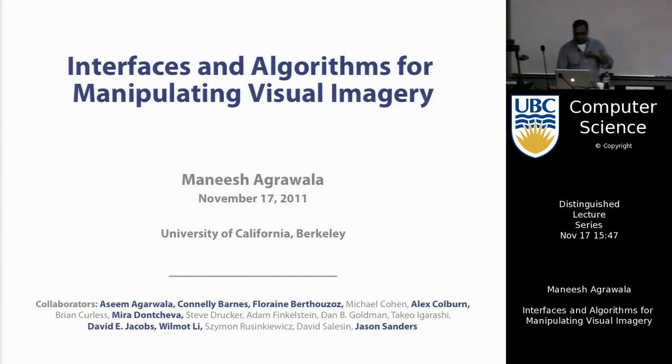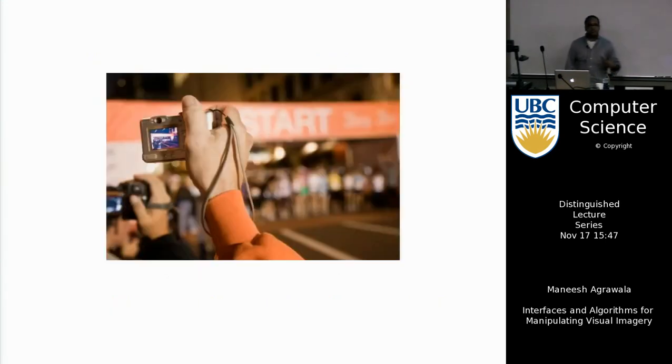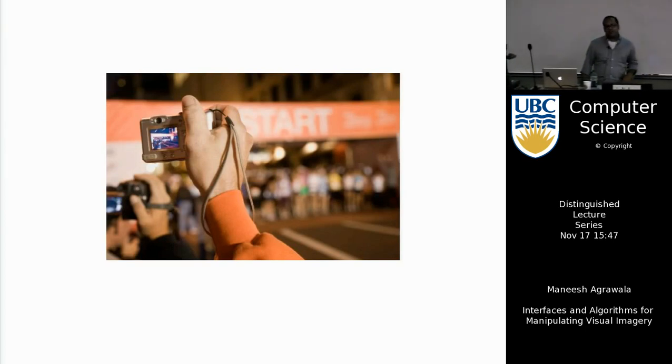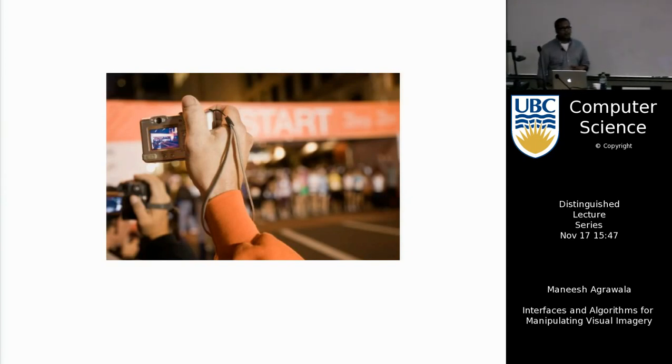Okay, so let's start by thinking about visual imagery, and in particular, digital imagery, digital capture. Digital cameras really started to become popular about 15 to 20 years ago or so. And over the last 15 years, they've very significantly changed the way we capture the world around us.